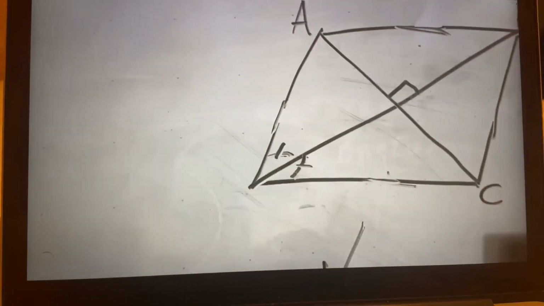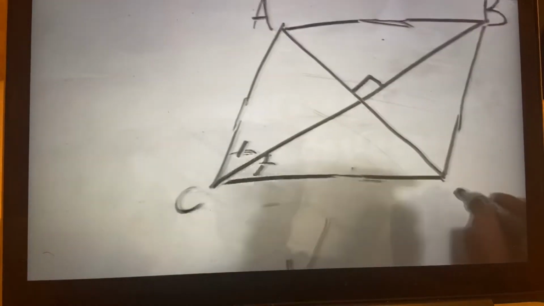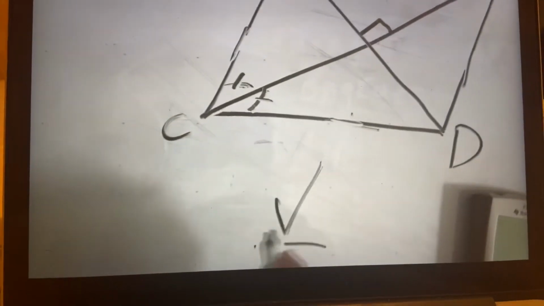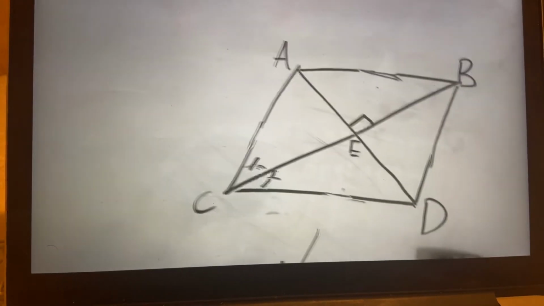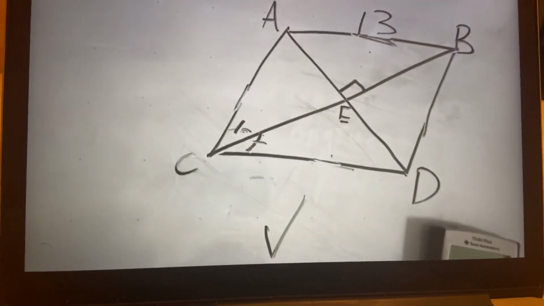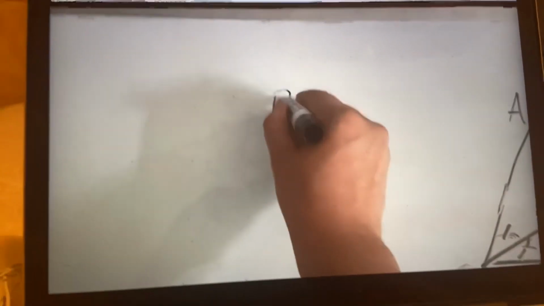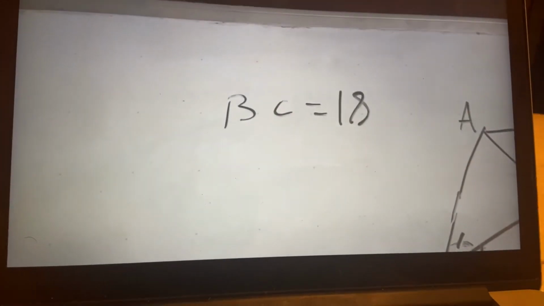Okay, so say this is angle A, B, C, excuse me, C typically would be there, but I did it like that for whatever reason, and then E would be in the middle, and your side length AB is 13, and your side length BC, I'll write it over here, is 18.